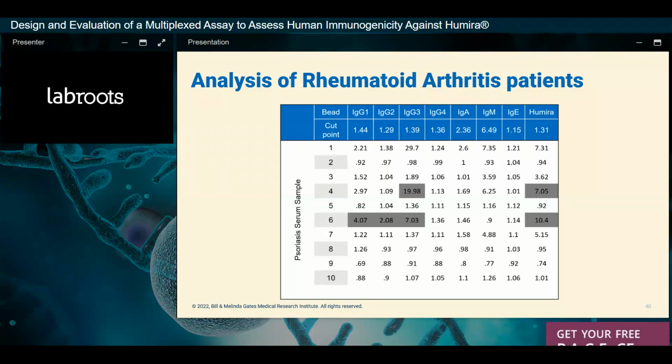So all in all, what we can basically show you here is that you can combine a screening assay and isotype these different responses all at the same time. And if you go to the manuscript, it's got a lot more detail, a lot more data on how we did this, and a lot more explanation of all of these different samples.